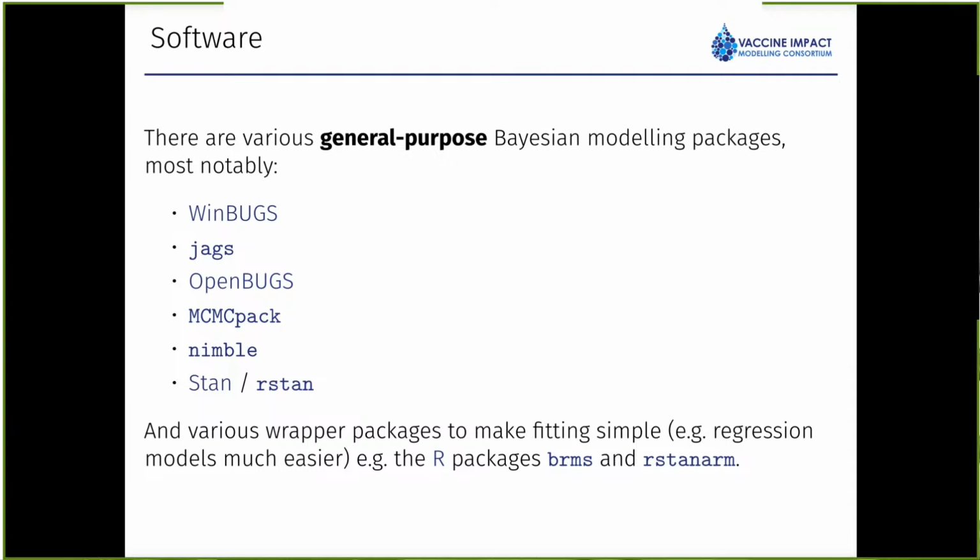The idea is to move towards a situation where fitting a Bayesian model is no more complicated than fitting a maximum likelihood model. Probably not there yet, but these packages also allow you to fit any model, not just the ones that are coded in. So these are really good.